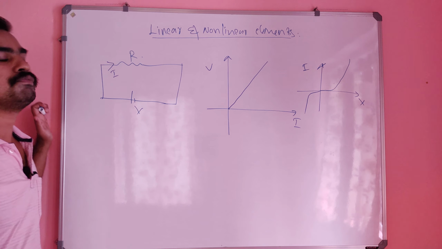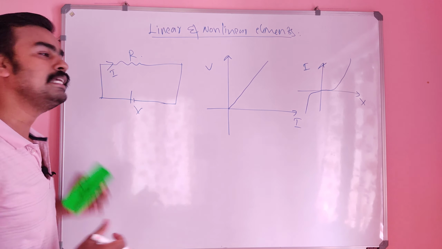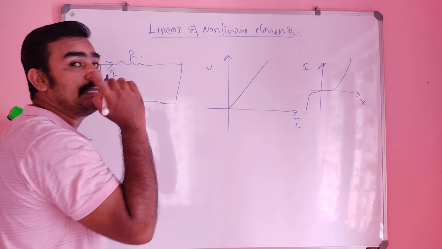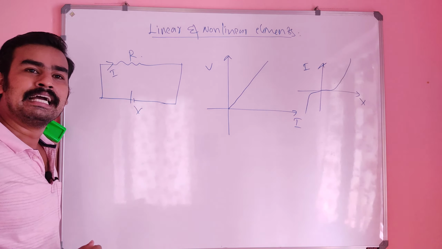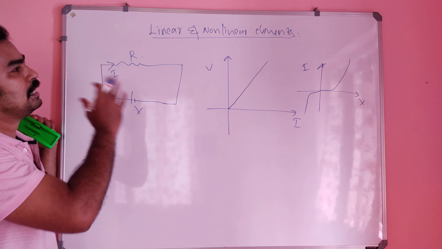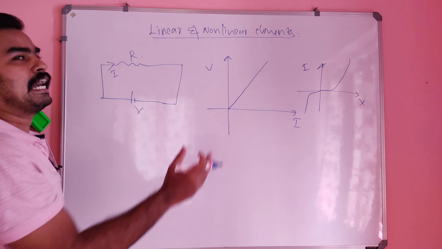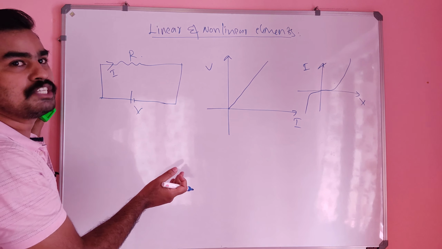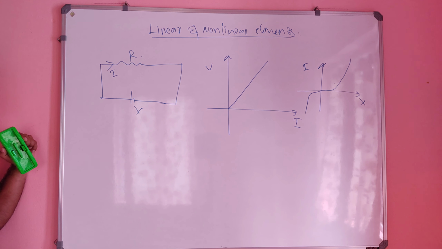So linear means it follows a straight line, that is, the voltage and current relationship is a straight line and definitely it will be passing through the origin. That is called the linear characteristics, and those elements which satisfy this graph, where voltage and current relationship is a straight line passing through the origin, are called linear elements.